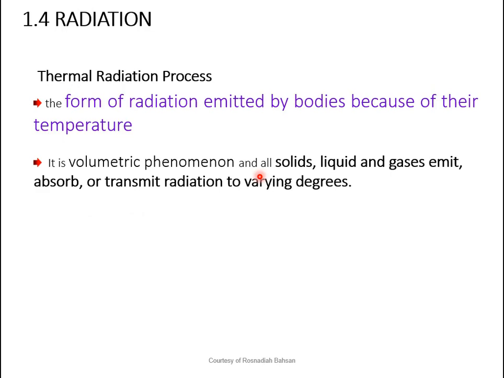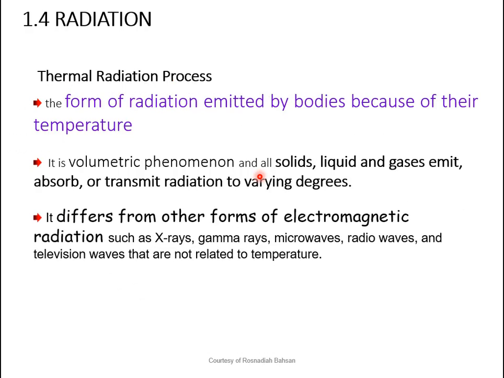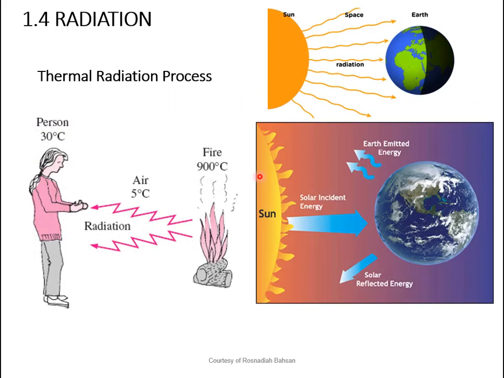It is a volumetric phenomenon, and all solids, liquids and gases emit, absorb or transmit radiation to varying degrees. It differs from other forms of electromagnetic radiation such as X-rays, gamma rays, microwaves, radio waves and television waves that are not related to temperature.